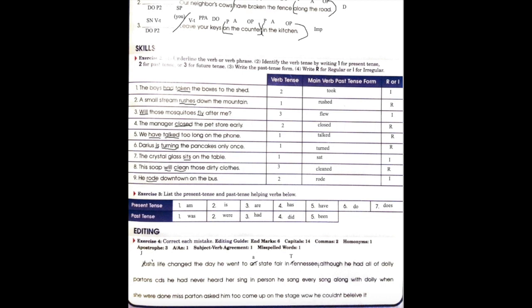So let's put a period there. That means we need to capitalize the next word because it's the next sentence. Although is capitalized. Although he had all of Dolly Parton's, well, that's a proper name, proper noun, because it's a name, so let's capitalize Dolly Parton.